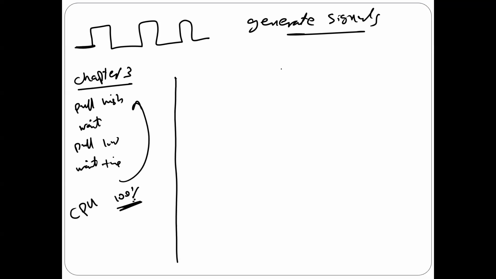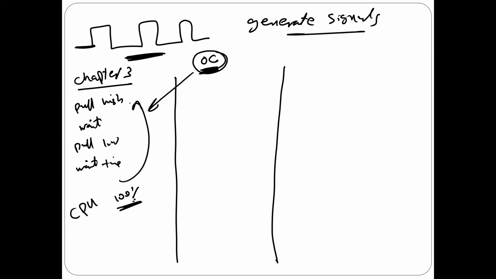The other thing, we can do it using output compare. So output compare is used if you want to generate a square wave like this one, but much more efficiently than this one. Is that okay?